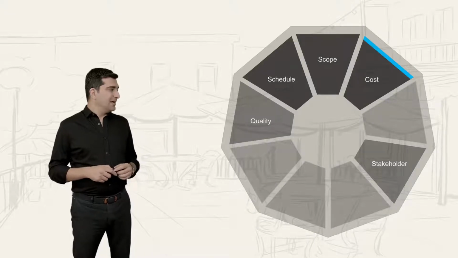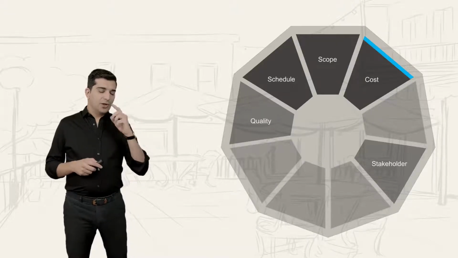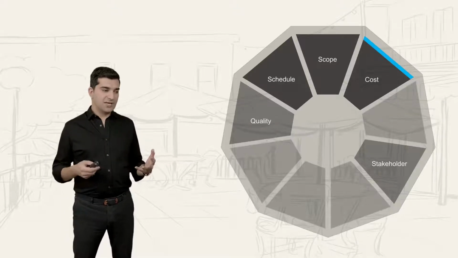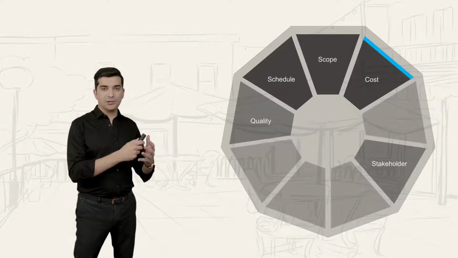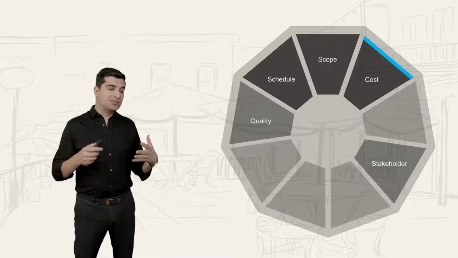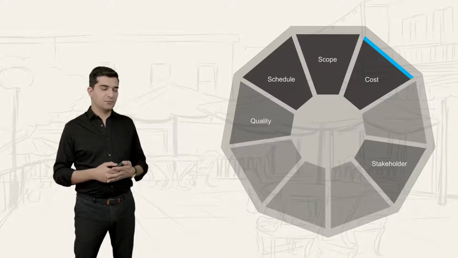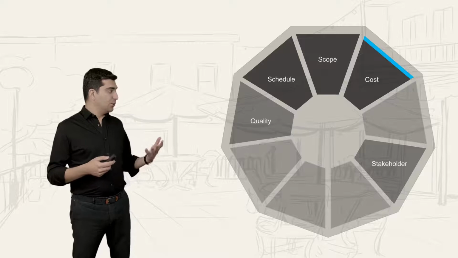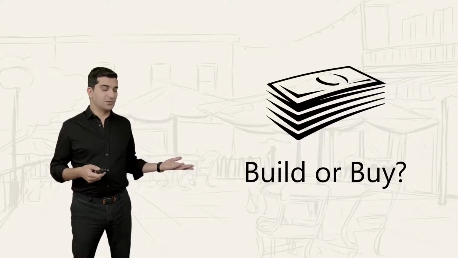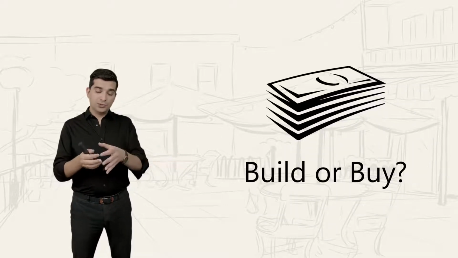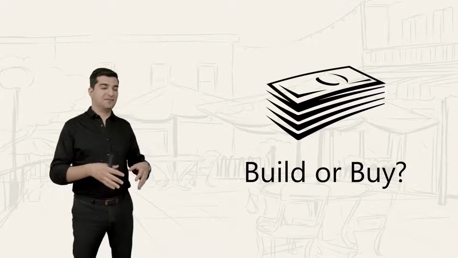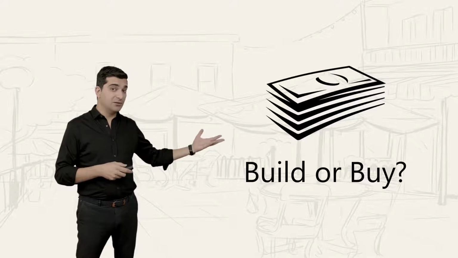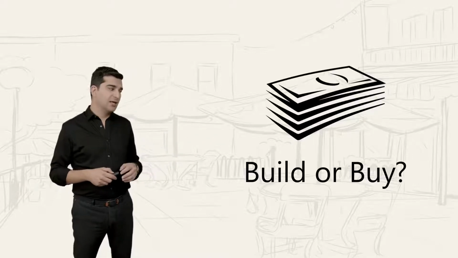All right. What else do we have here? When you think about the cost, it depends on many different things, obviously. For example, how quickly you're going to do the project. What's the level of quality that is expected from the project? The other thing that can impact it is your build or buy decisions. You're probably going to do some parts of the project yourself and outsource some other parts, or maybe you're going to buy it off the shelf or other things.